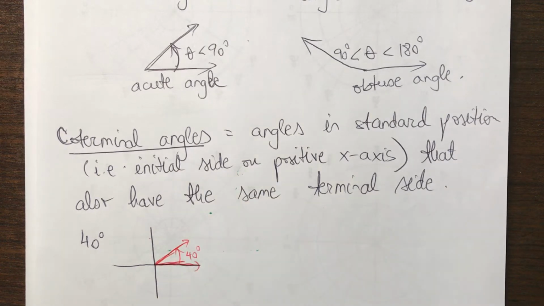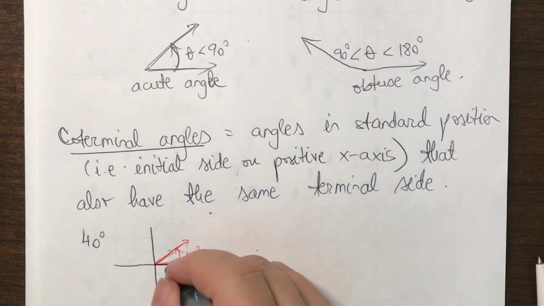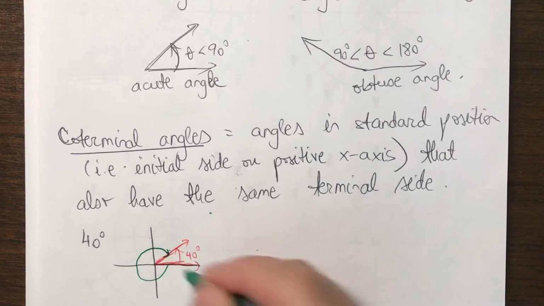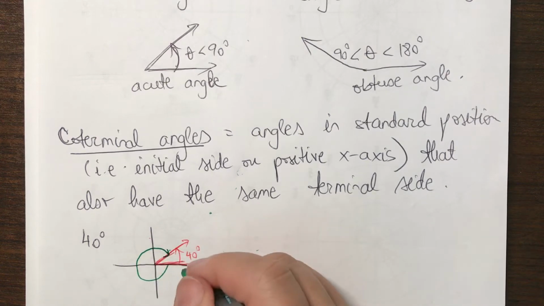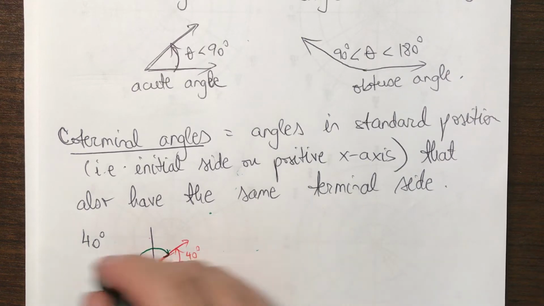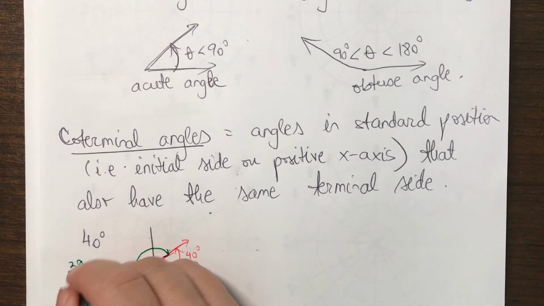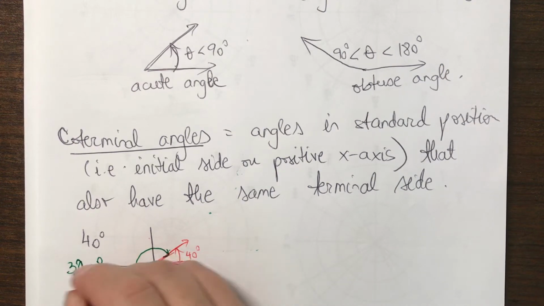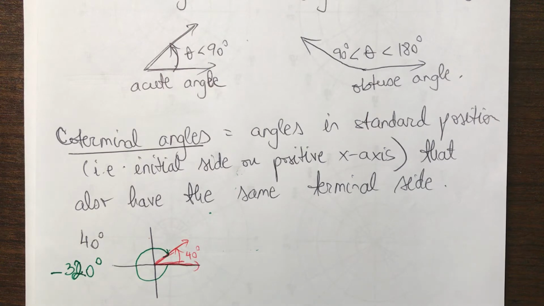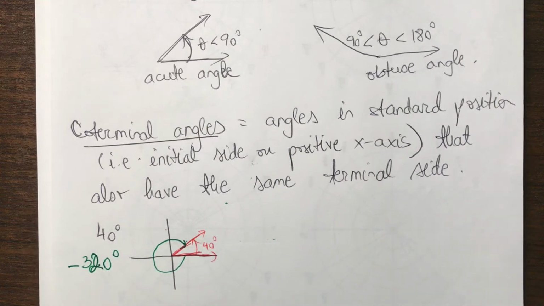Okay, so can you give me another coterminal angle to it? Sure enough, we can go clockwise. The whole thing is 360, so if this little chunk is 40, we're going to be left with 320, right? But it's a negative angle, right? So we're going in a negative direction.